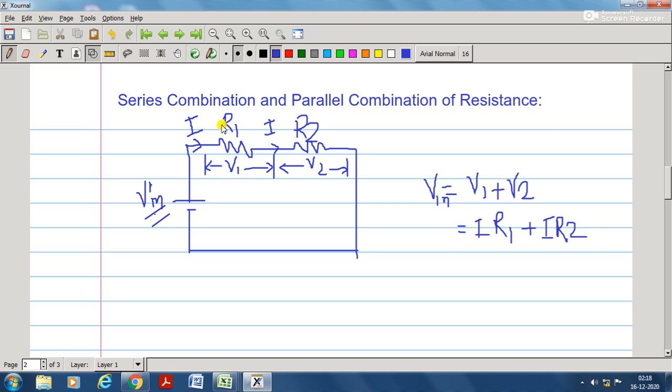Now here we have to find the equivalent resistor. If we replace R1 and R2 with an equivalent resistor, what we expect is that the amount of current flowing through this combination should remain unchanged.